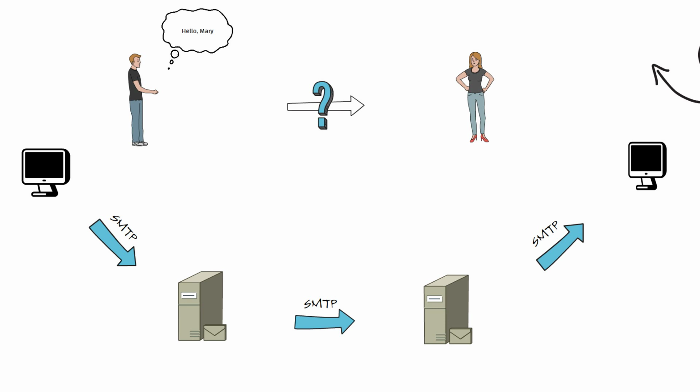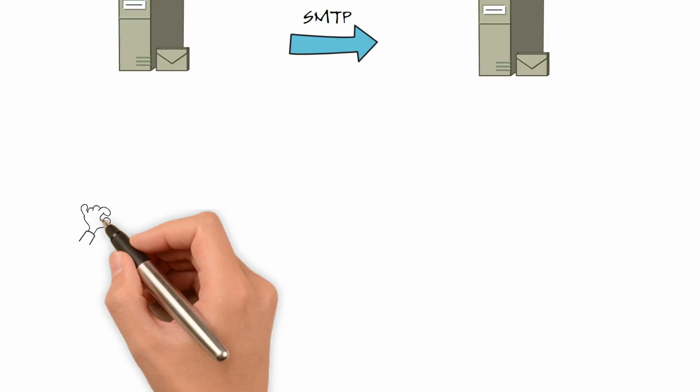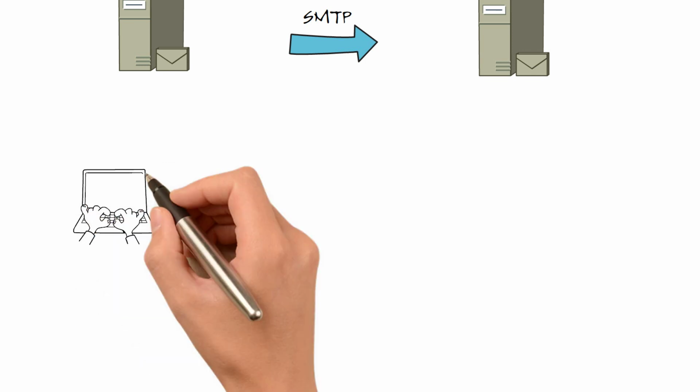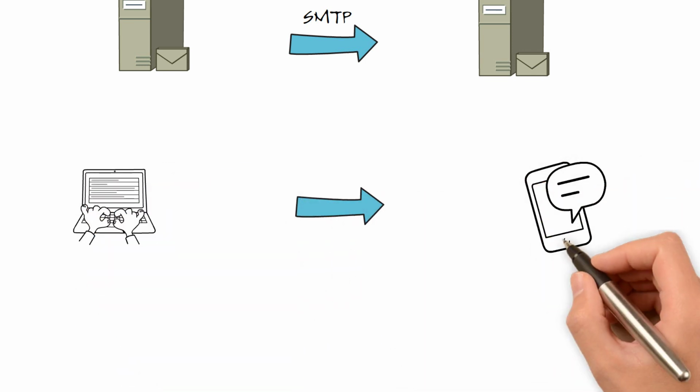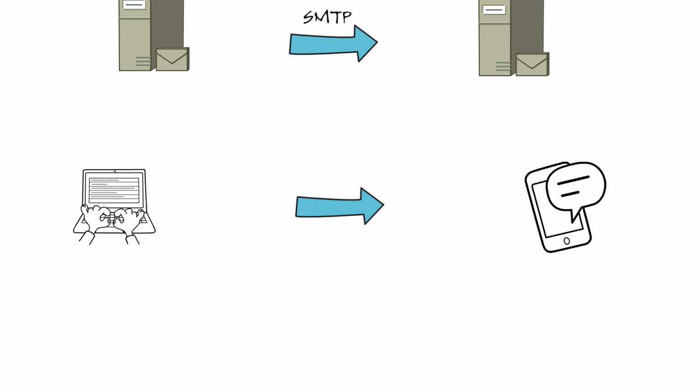Mary's mail server then places the message in Mary's mailbox. Finally, Mary uses her user agent to read the message. That is the whole process. It means we can use a computer to write an email and even send it to a phone.